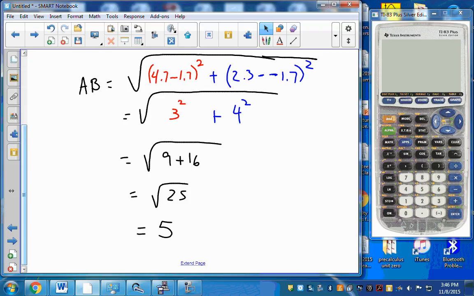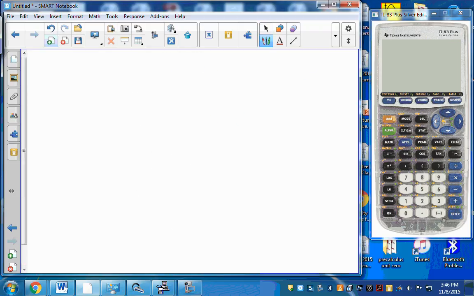No picture. 123, you can't draw the picture because there's no numbers. So we have x plus y and y. That's one ordered pair. I'll call it P. The second point is x minus y and x.